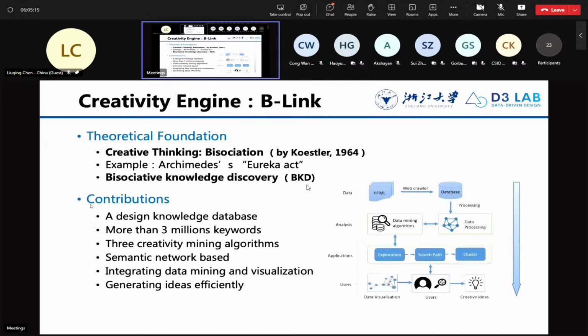To fully exploit the power of big data, a creativity engine called B-Link was developed. In this engine, a knowledge base containing more than 3 million keywords is established. 3 creativity mining algorithms are implemented, which are applied together with the semantic network for mining and visualizing implicit creative knowledge.